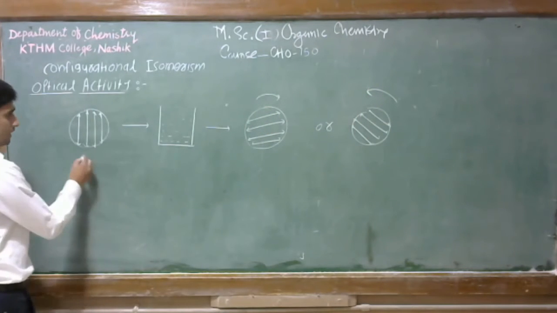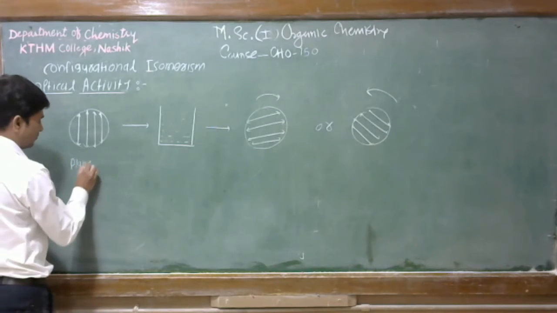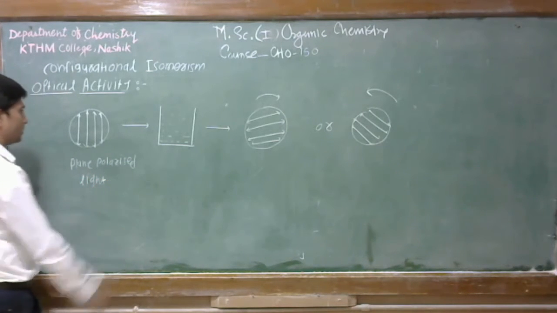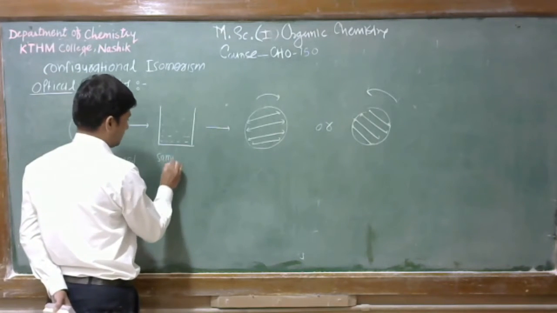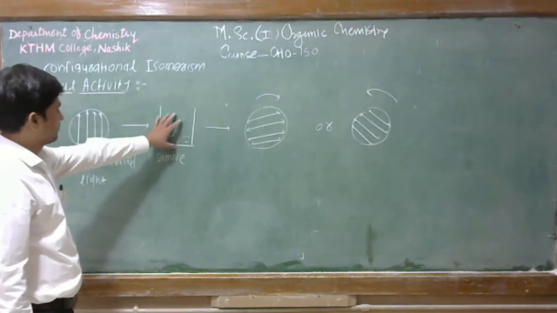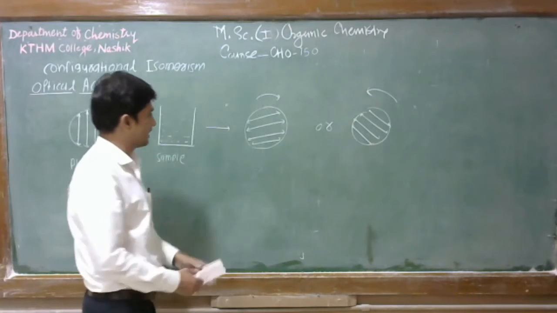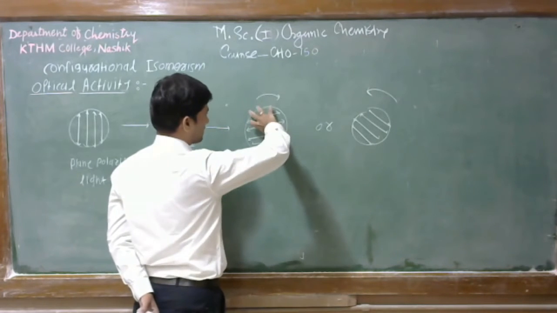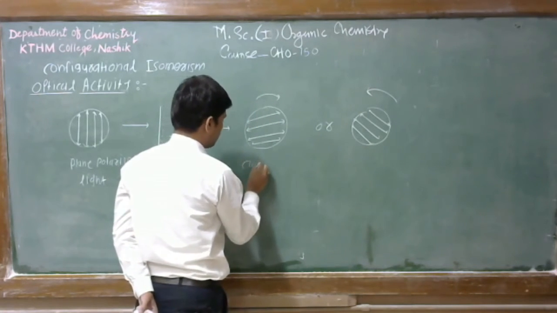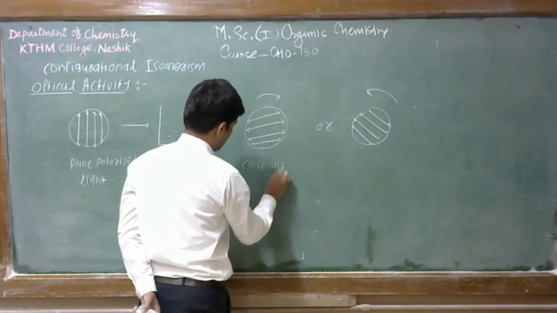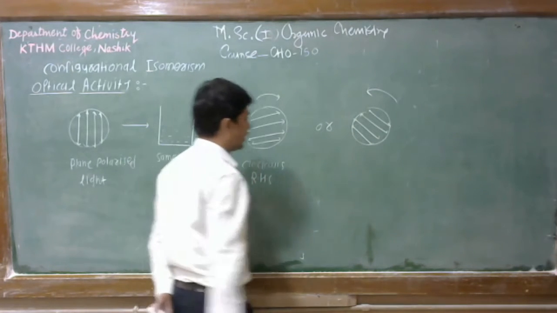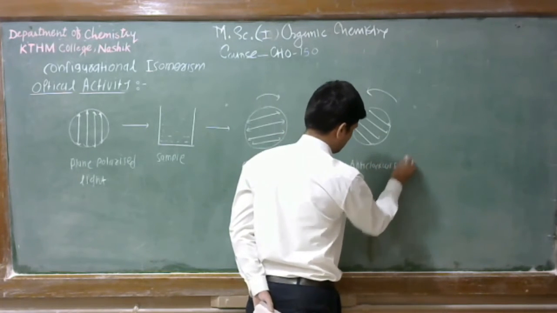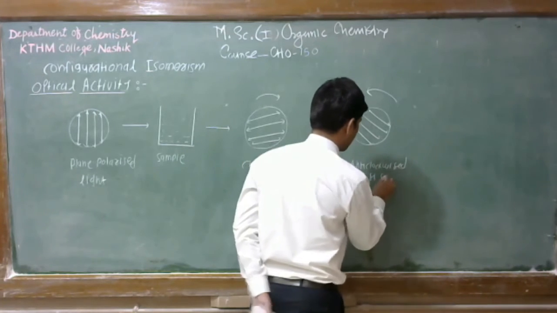Again, this is the plane polarized light, and when it passes through a solution of the sample, the sample absorbs the light and emits it again, but in this direction we observe that the plane of the plane polarized light is rotated toward the clockwise direction, that is the right hand side, or the anti-clockwise direction, that is the left hand side.